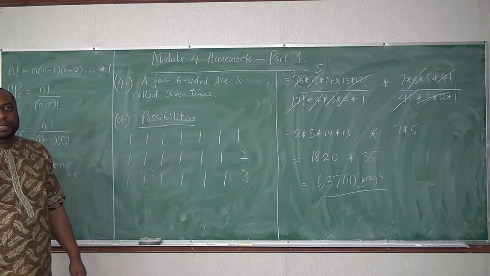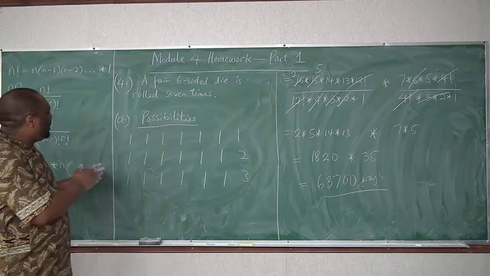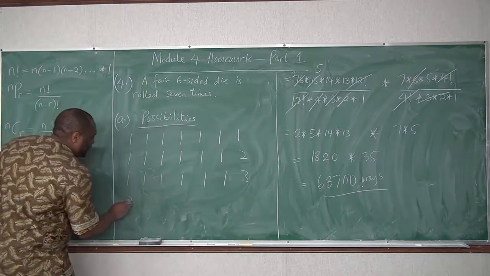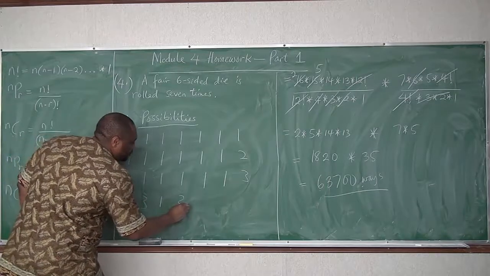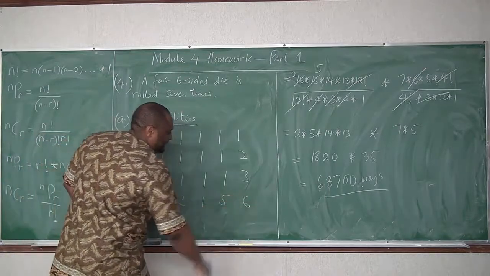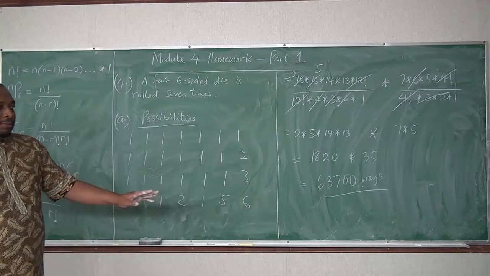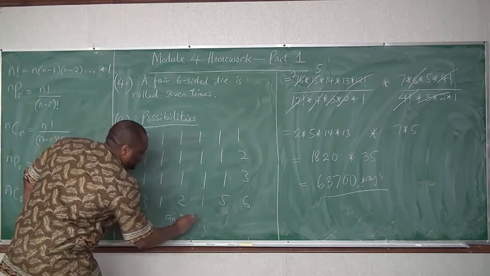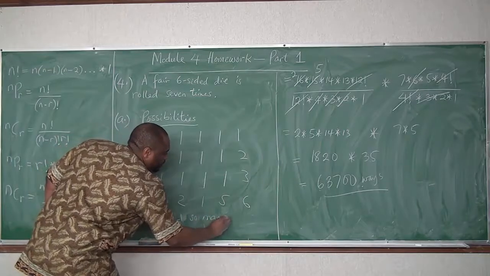You see that for each one, this is ordered. And after this, you could even have 3, 3, 1, 2, 1, 5, 6. Possibilities, and so many more.